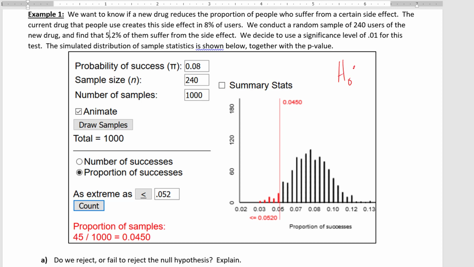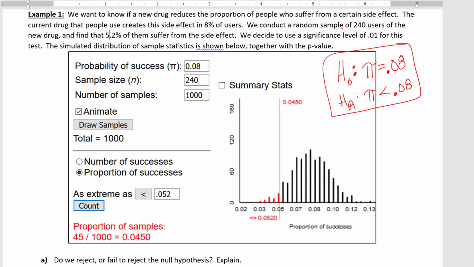That's telling us our null hypothesis is that pi is equal to 0.08, meaning people who use this new drug are suffering the side effect at a rate of 8%, the same as before. The alternative hypothesis is that pi is less than 0.08. That on this new drug, they're suffering that side effect less than 8% of the time.